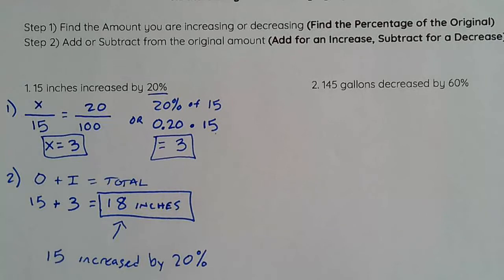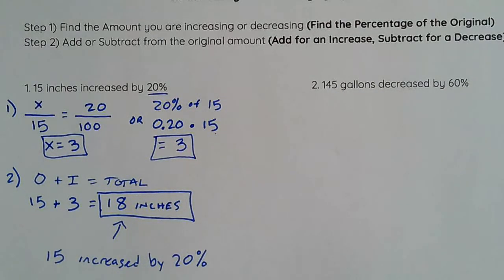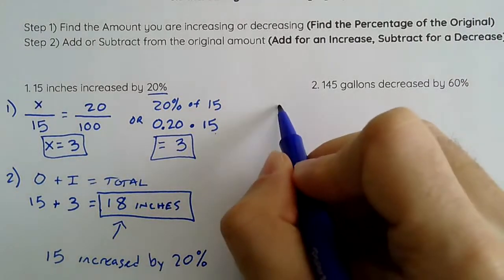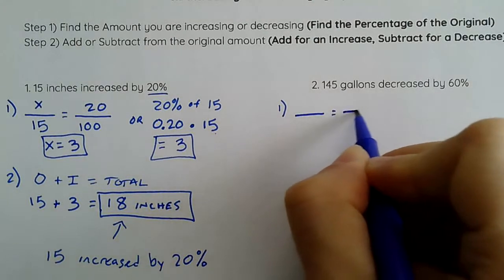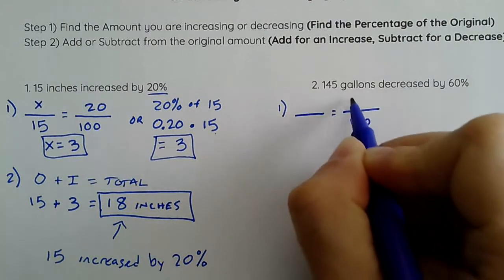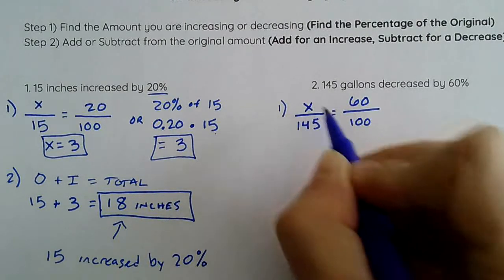Looking at example 2, 145 gallons decreased by 60%. So we're going to follow those same steps. So the first thing we're going to do is we have to find out what 60% of 145 is. So we can go ahead and use our percent proportion. 60% of 145.